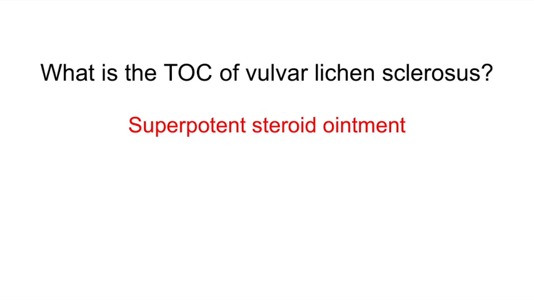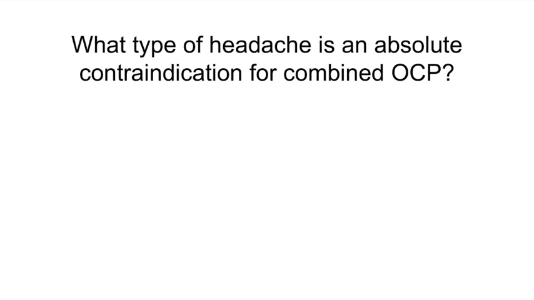What type of headache is an absolute contraindication for combined OCPs? Migraines with aura. Other absolute contraindications include active breast cancer, active or severe liver disease, thromboembolism, thrombophilia, for example antiphospholipid antibody syndrome, severe hypertension, ischemic heart disease, stroke, a patient that is older than 35 and smoking more than 15 cigarettes per day, or if the patient is less than 3 weeks postpartum.